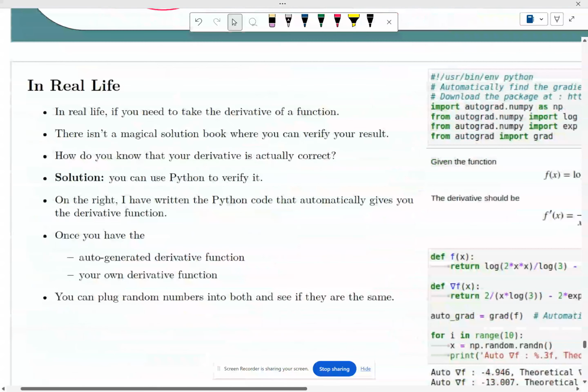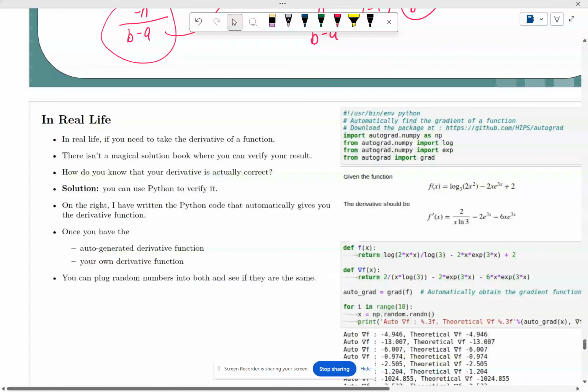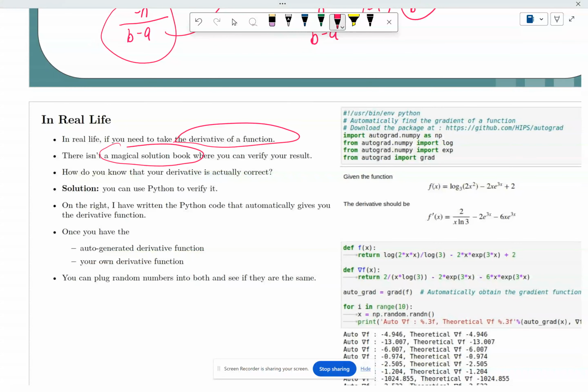Okay, so in real life, you need to take the derivative of a function, right? And in real life, there isn't a magic solution book where you can just look up your solution to see if you got it right or wrong. So one way to verify whether your derivative is correct or not is to use Python. On the right, I have written the Python code that automatically gives you the derivative function.